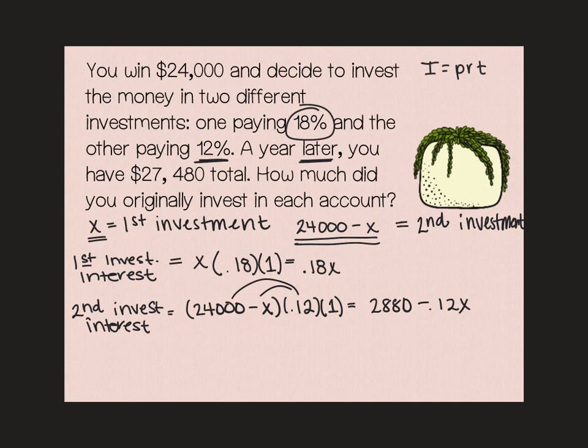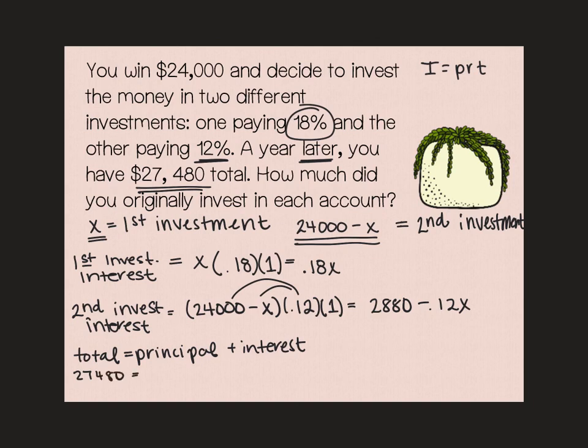Now, to finish this off, I need to think about what is really happening. This total amount comes from a few things. If you think back to our last problem, the total comes from the principal plus our interest. If I fill this in, our total is 27,480.